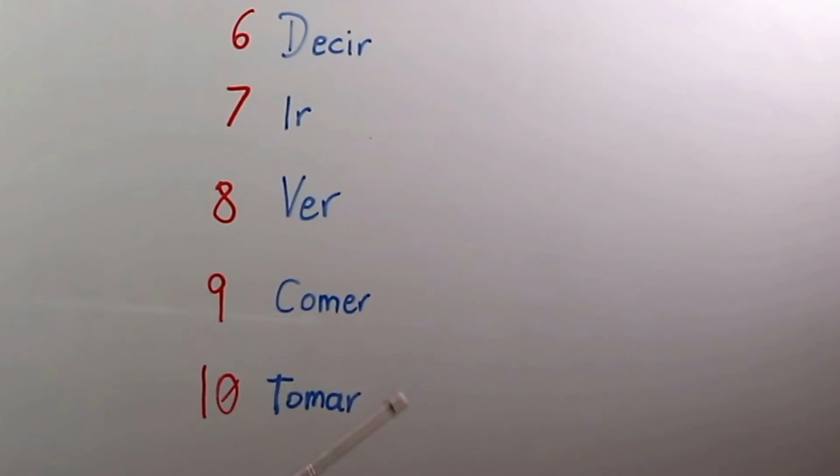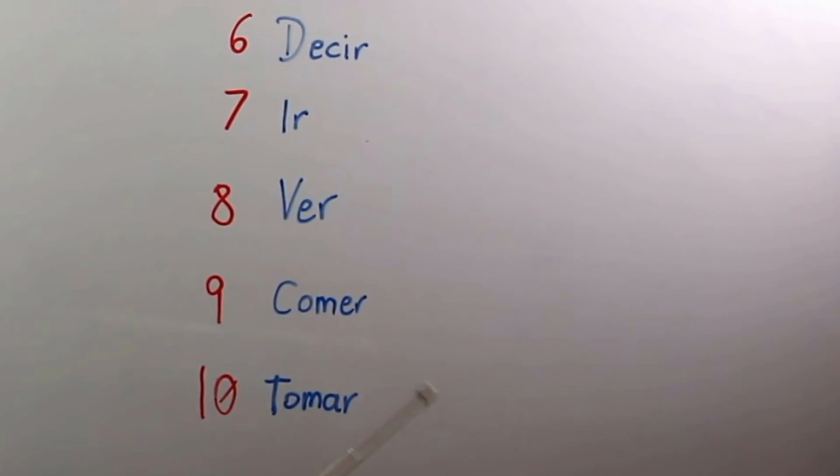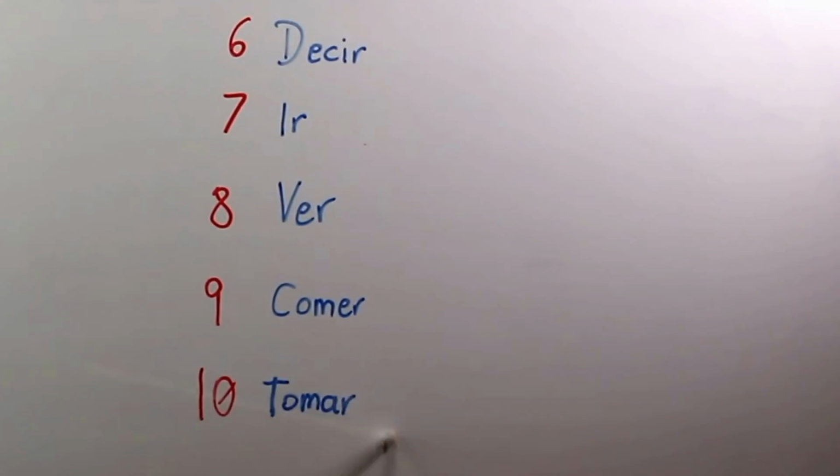Comer means to eat. Very important word. Especially if you go overseas, you want to try some of those exotic dishes. So, comer. Number 10, tomar. Tomar means to take, but it can also mean to drink. So it's another important verb, tomar.